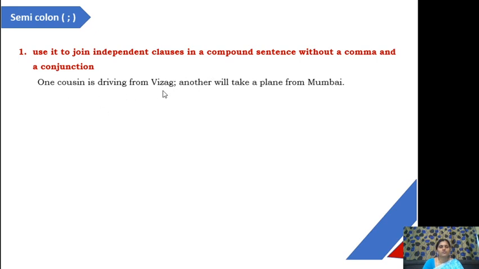One cousin is driving from Vizag; another will take a plane from Mumbai. These are two clauses which we are combining to make a compound sentence. Instead of a conjunction, we have used a semicolon. It's not always that we use a conjunction to combine clauses; sometimes we use a semicolon instead.